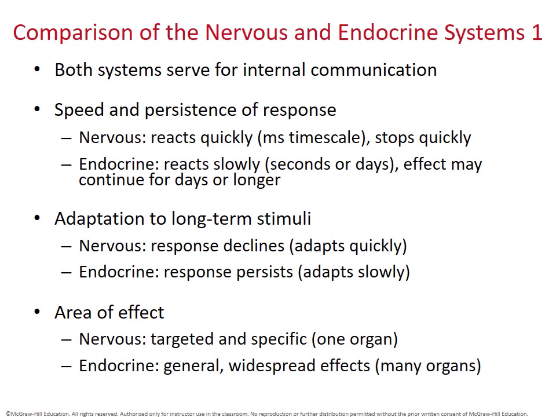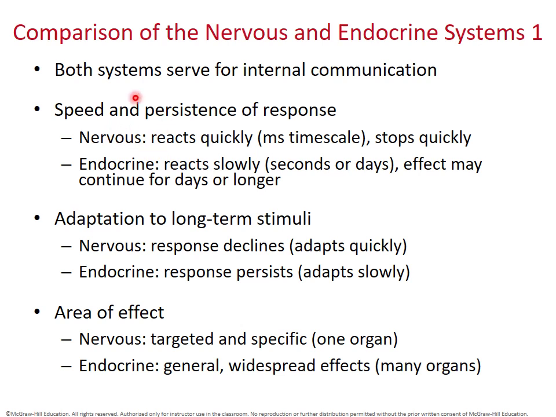Again, as I've mentioned a couple of times, the nervous and endocrine systems are very similar to one another. There's some thinking that the nervous system may have evolved out of a primitive endocrine system or an ancestral endocrine system. The similarities are, again, both systems serve for communication, right? So they both respond to stimuli, hopefully in an appropriate way, and create a response that helps adjust to that change or stimulus.